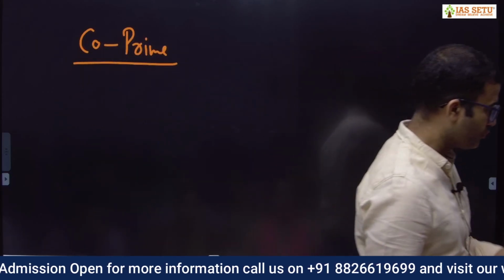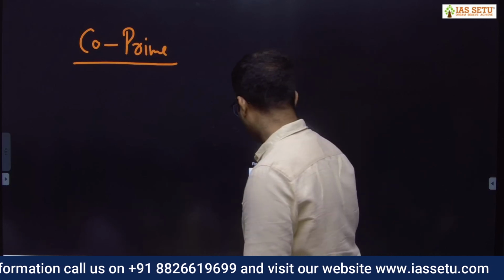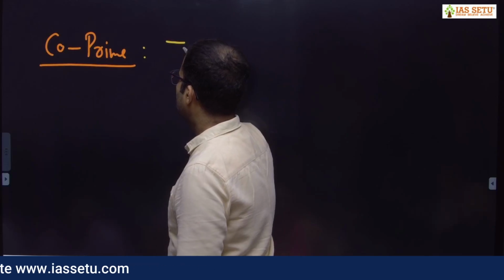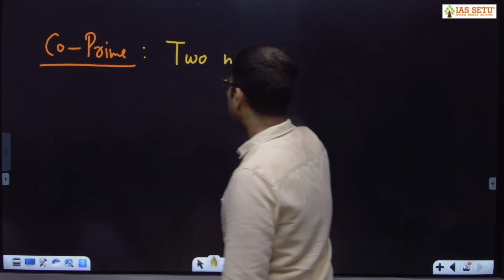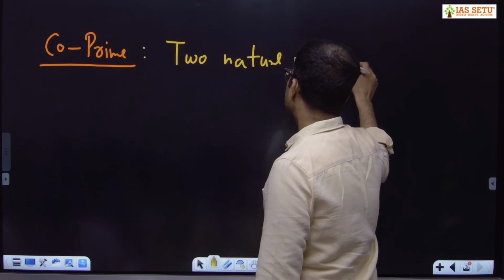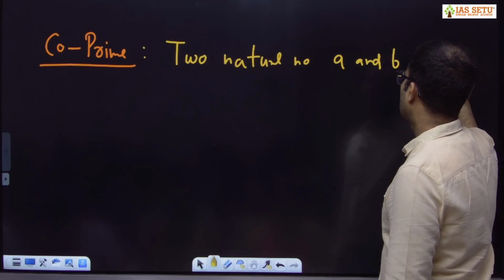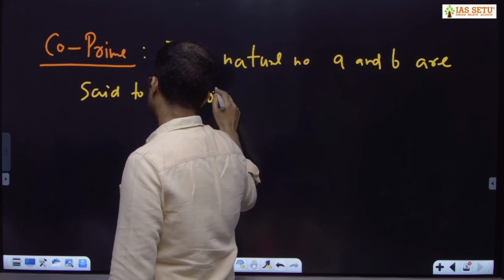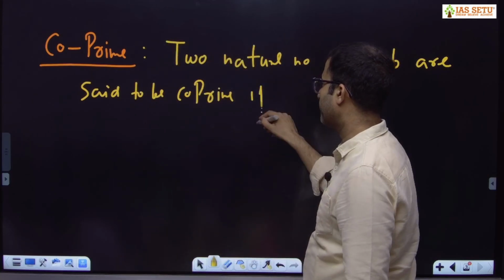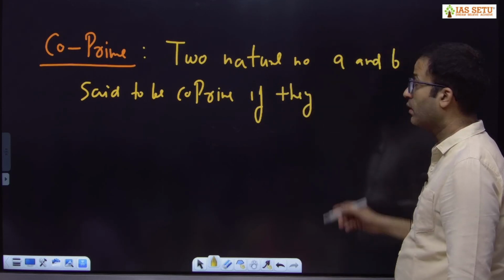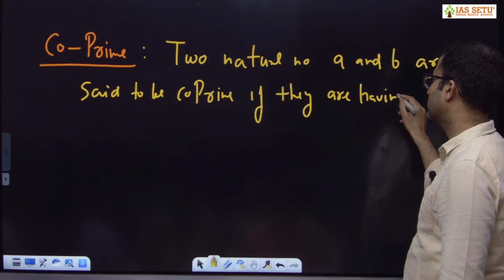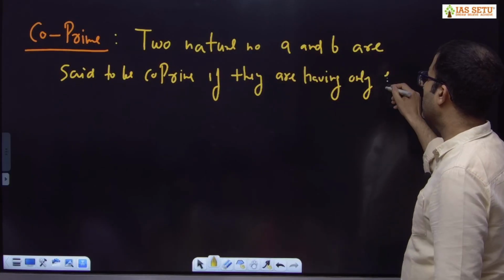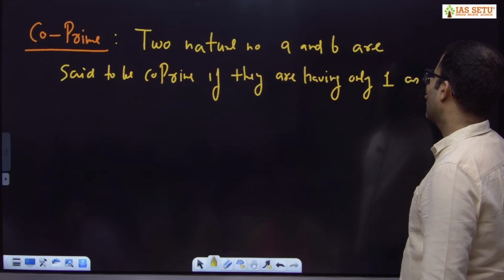so I give you the definition. First you write, then I will explain. Two natural numbers A and B are said to be co-prime if they are having only one as a common factor.